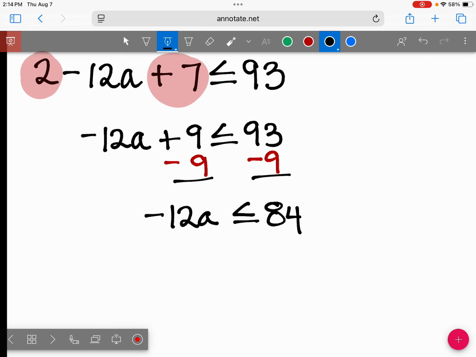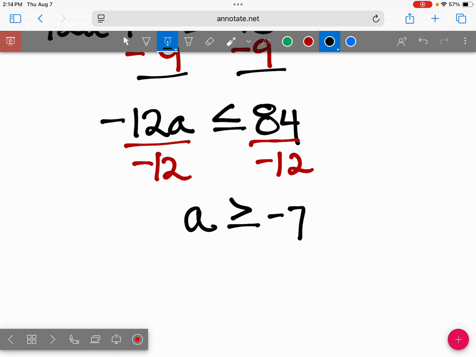All right, last step is to divide by a negative 12. Who remembers what you do when you divide by a negative? Flip it. So now it becomes greater than or equal to. And what is 84 divided by negative 12? This is my answer, which in Algebra 1 would be fine.